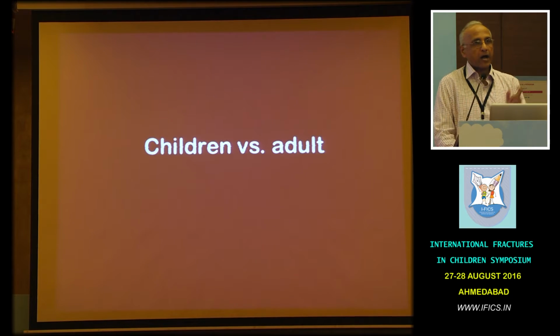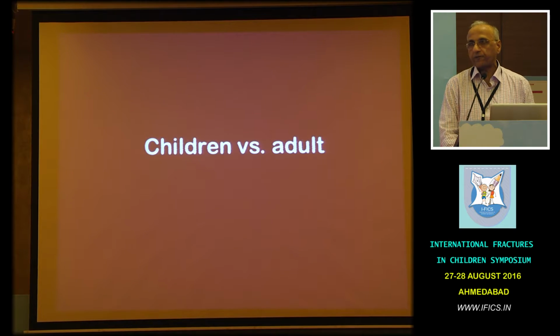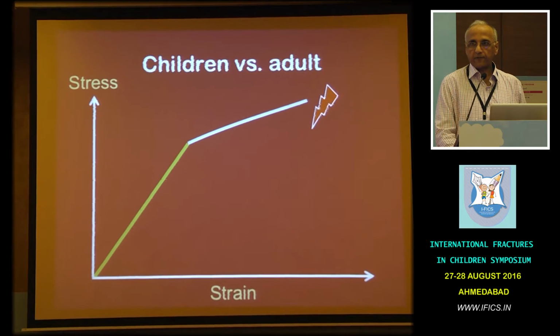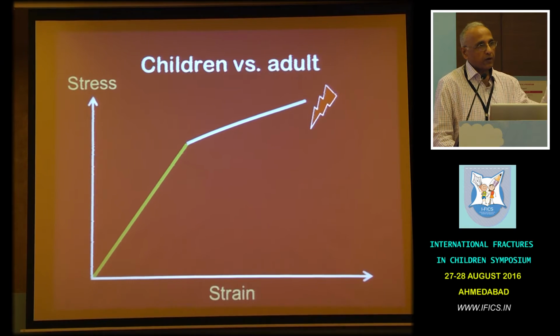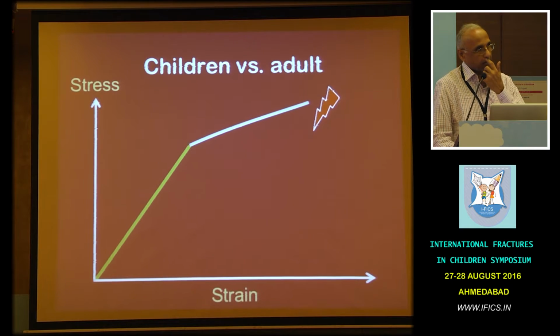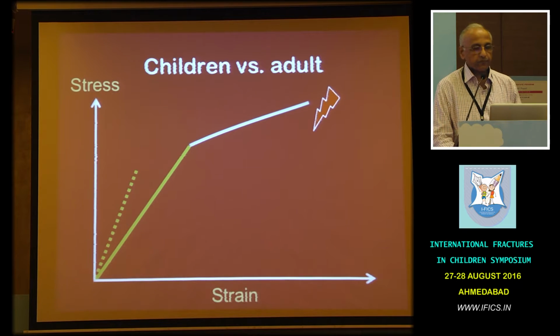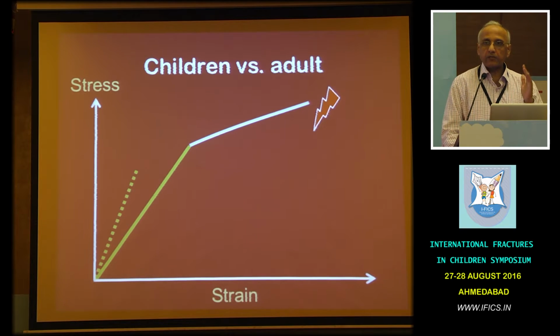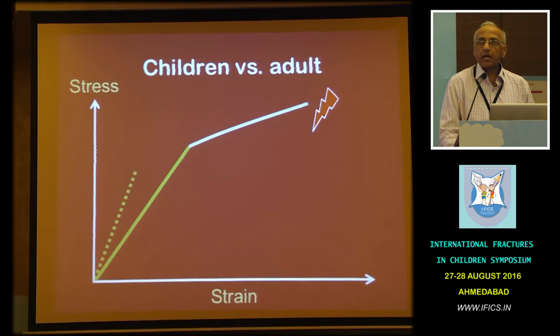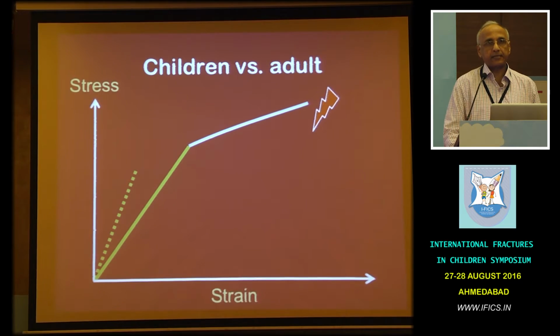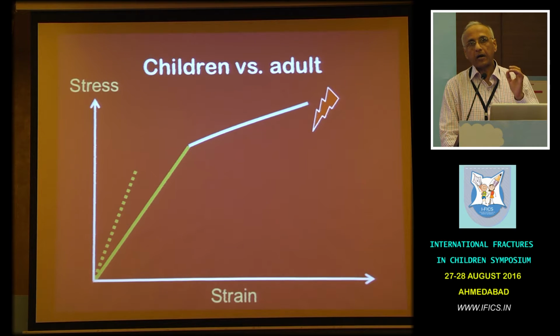So now let's see how the child's bone is different from that of an adult. We saw this graph. Now if we draw a similar graph for an adult, then it responds differently. If we draw the same type of graph for the adult bone, it's the dotted line which is seen. Now what is the repercussion, or what is the effect of that?